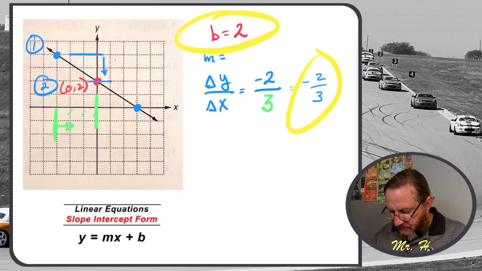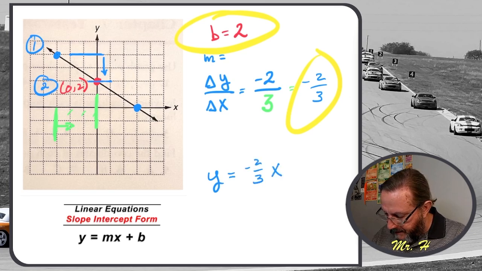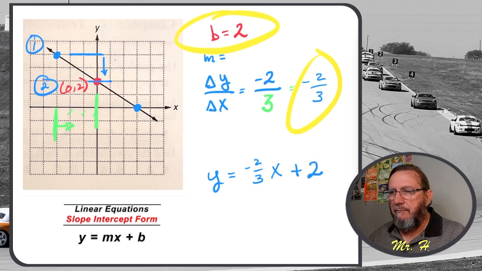So it's a very simple model. y is equal to mx plus b. So we'll simply fill in the numbers. y is equal to negative 2/3 times x plus 2. And that will be the answer that we've got there. Okay?